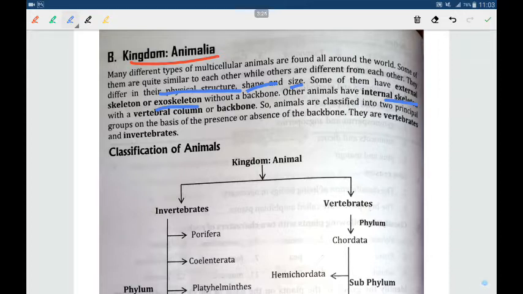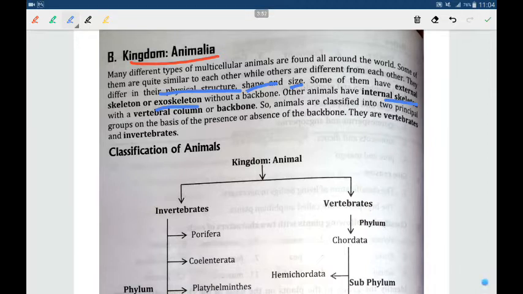So that is called exoskeleton. You have to keep in mind, some animals have a hard structure inside their body. Some organisms contain a hard part outside of their body, then it is called exoskeleton.